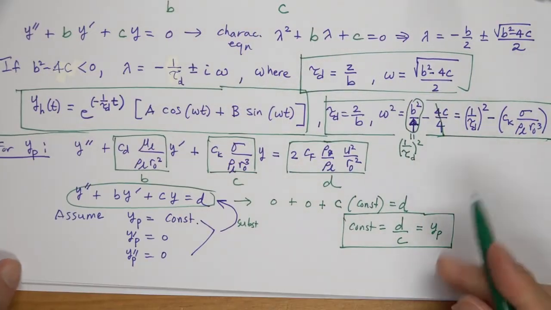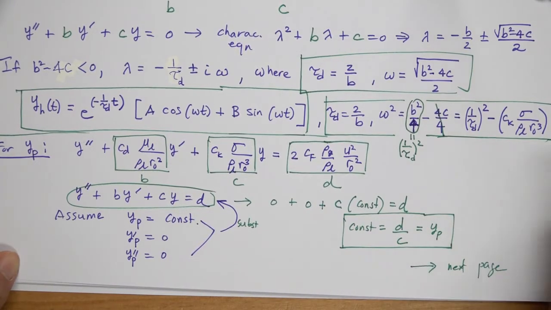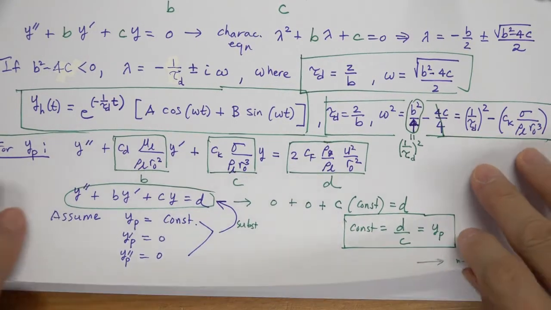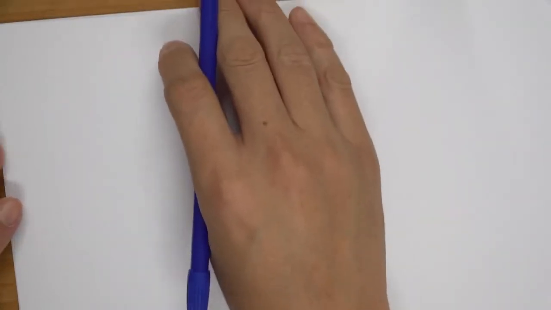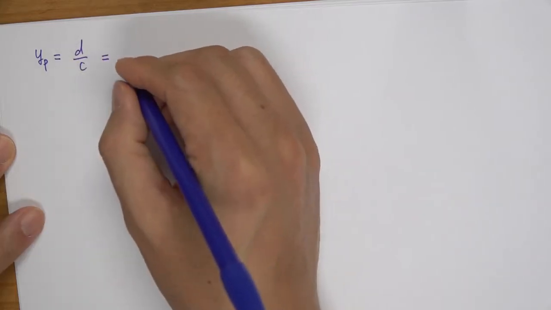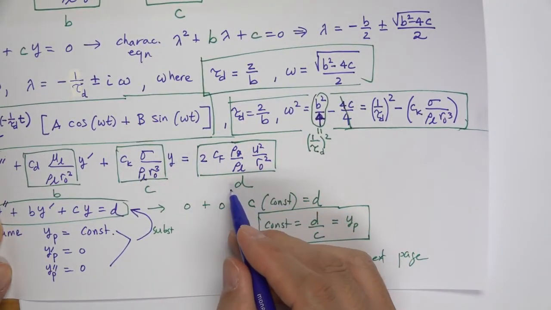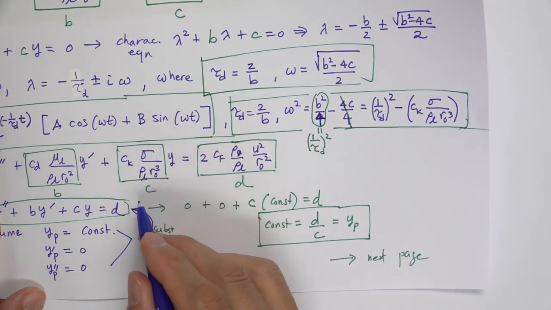Now, let's go on to the next page. Then y particular solution is d over c. What was d? D was right here. And what was c? C was right there.